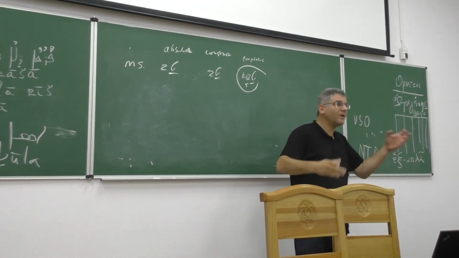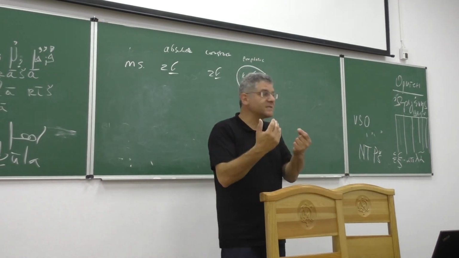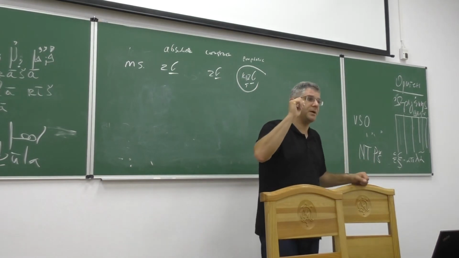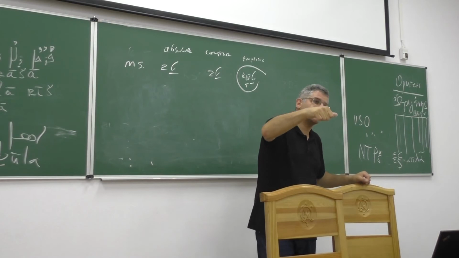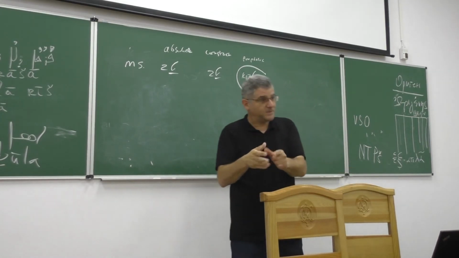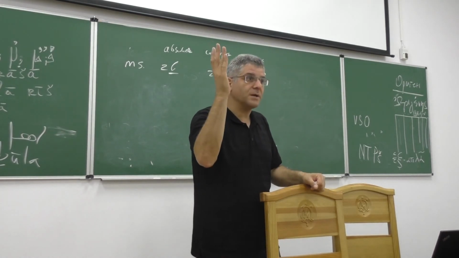There are ways, the fact you don't have a definite article doesn't mean that you can't express semantically, syntactically in a sentence that it's a specific person. It just means you use other tricks. You use demonstrative pronouns, you use certain syntactic constructions to show that I'm talking about a specific man rather than any old person.